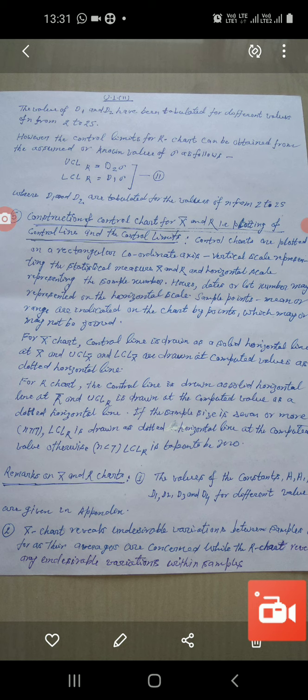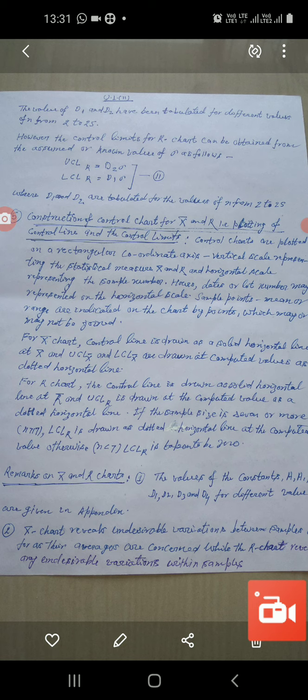Hours, dates, or lot numbers may be represented on the horizontal scale. Sample points, mean or range, are indicated on the chart by points which may or may not be joined.